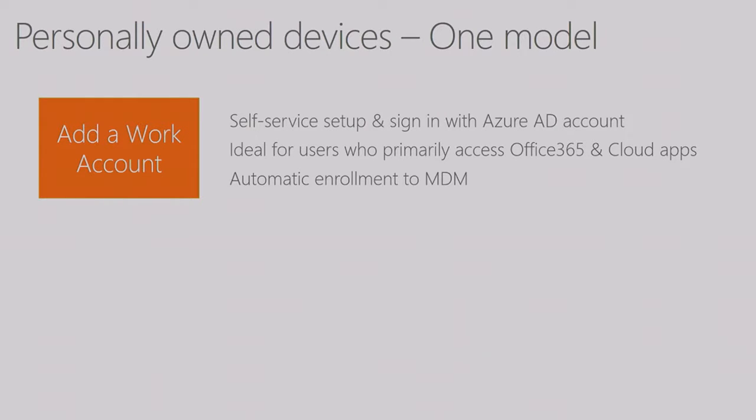And it does so in a way where you just provide your credentials, and automatically it'll look up your tenant setting. If there's a management solution hooked up, those management policies are pulled down. And this device becomes compliant with how your IT wanted it to be when it came to accessing work resources.